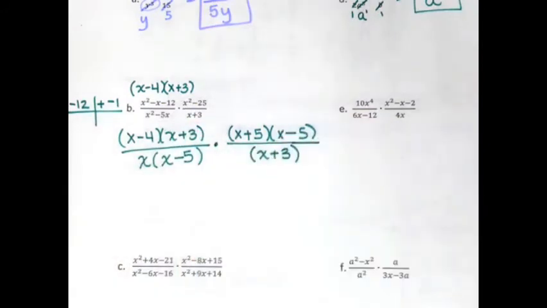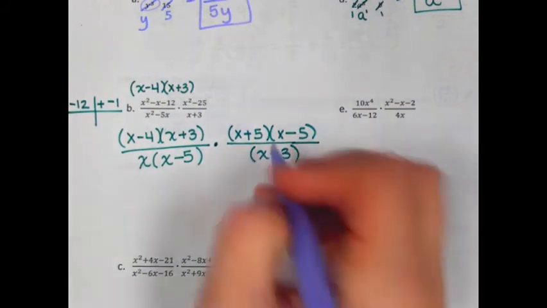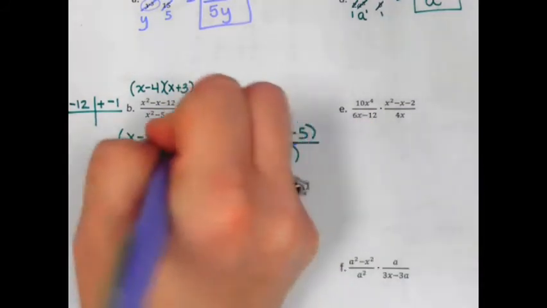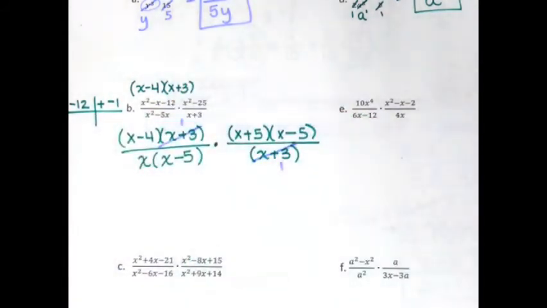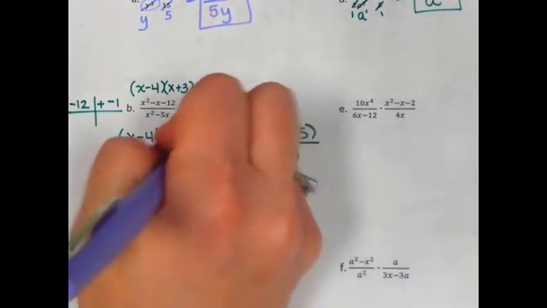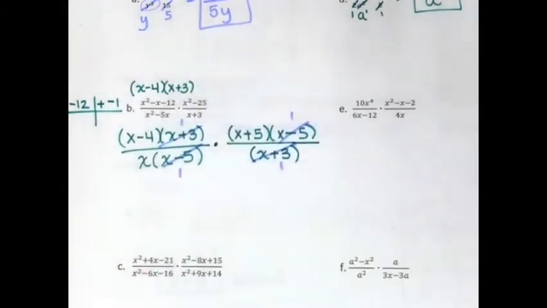No. All right, now with this, because now it's a multiplication, we can cross simplify things, can't we? What do we see that's the same in the top and the bottom that I can simplify? X plus 3. I see an x plus 3. Those become 1s. What else do we see? X minus 5s. Anything else?